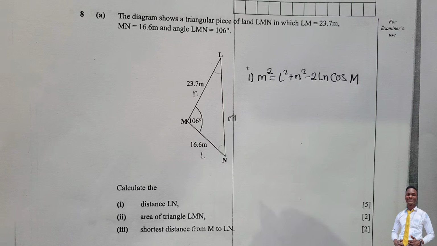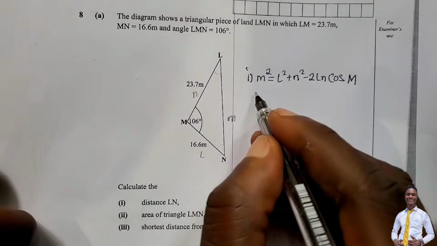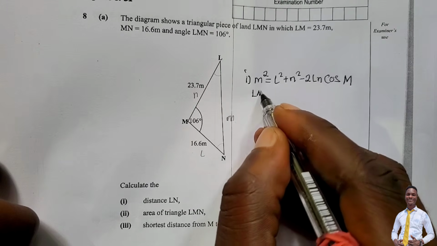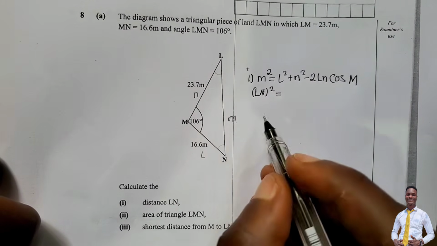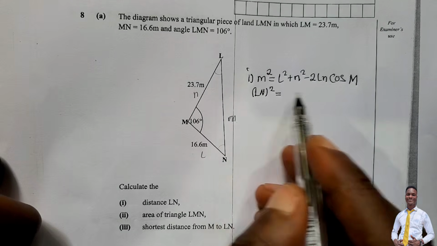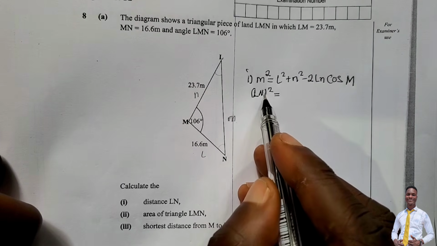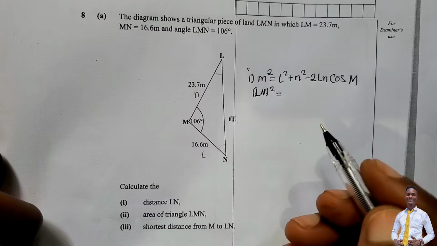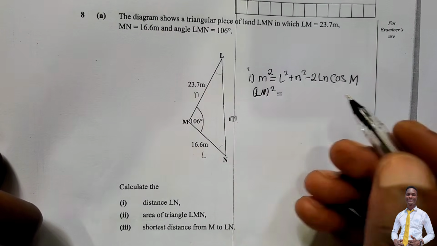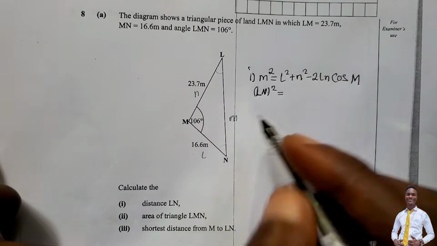So let's substitute. Where there is the m, we're going to substitute with LN. So we're going to say LN in brackets squared is equal to. Now somebody may be asking why in brackets. If you just write LN squared, it means only N is squared. But anyway, I think you have understood. l is 16.6.